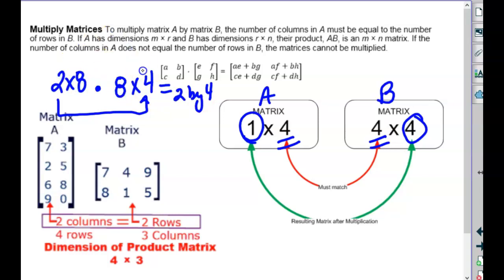And then the resulting size is the outside numbers. Okay, here's an example. This is a what by what, guys? 4 by 2. And this one over here is a 2 by 3. So the answer will be a 4 by 3. All right.